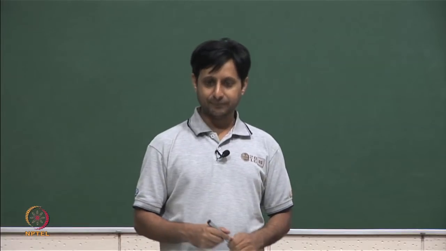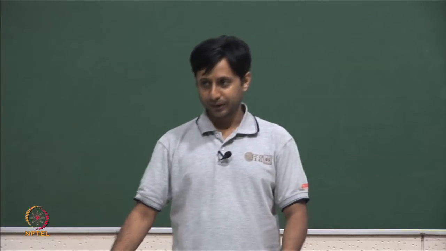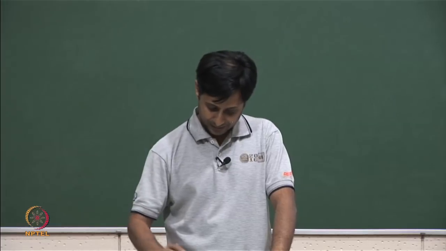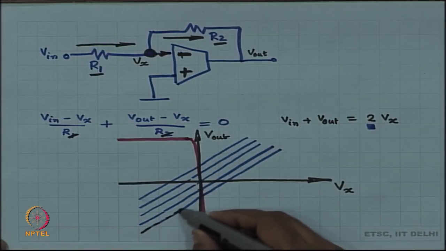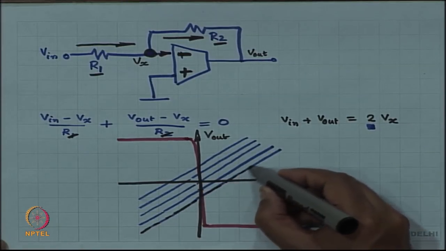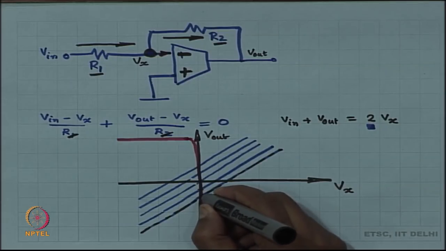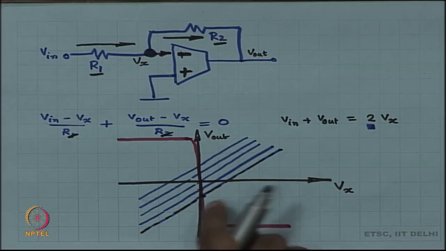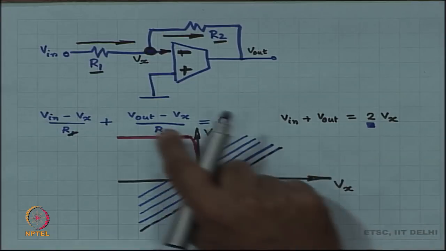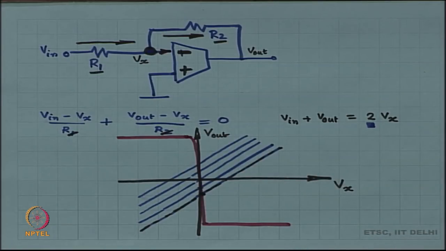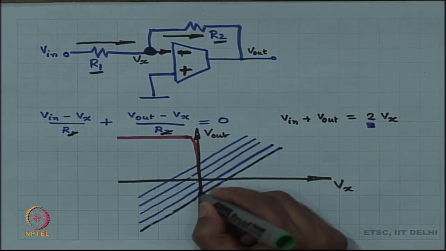So, suppose your V in value is plus 1 volt. It is going to choose this particular line, let us say, which cuts the y axis at minus 1. All right. Now that you have chosen that line, the point of operation is going to be the intersection point of that blue line and the red curve, which happens to be this green point.